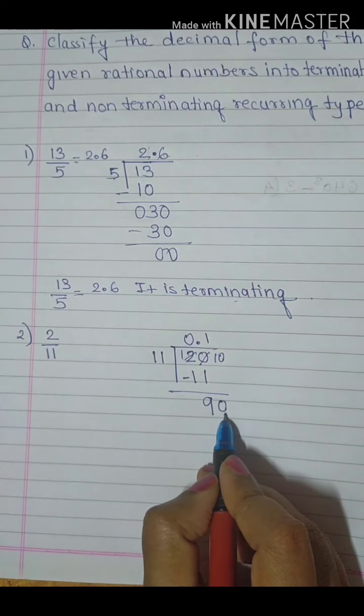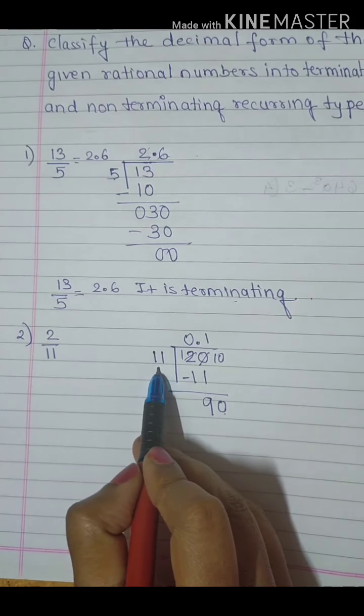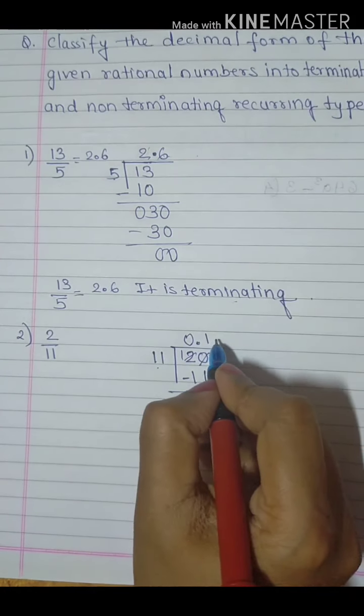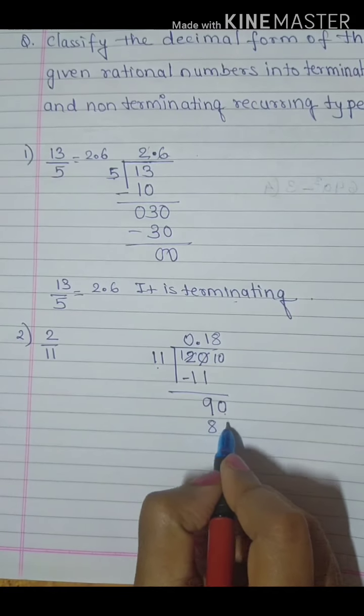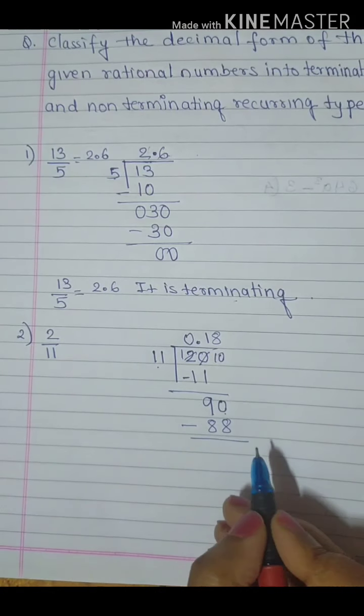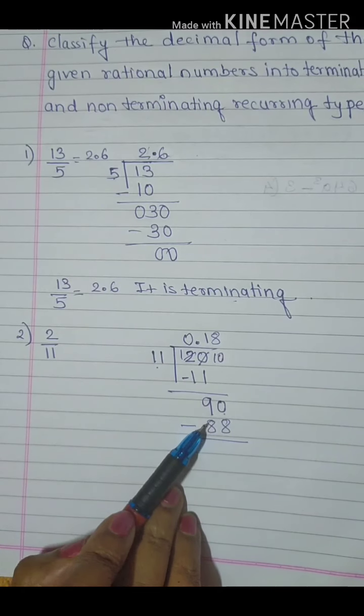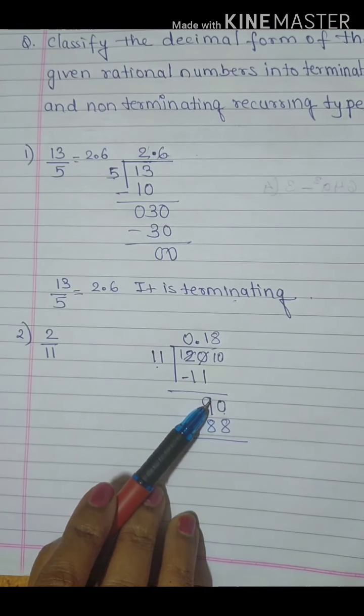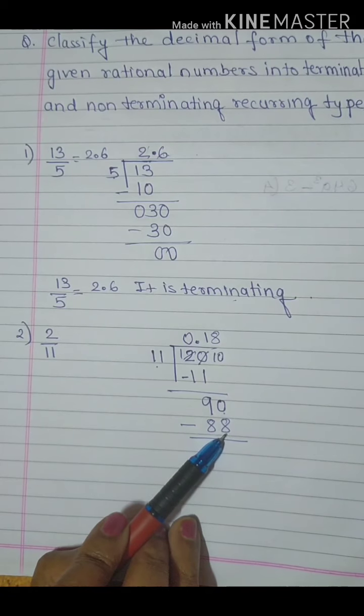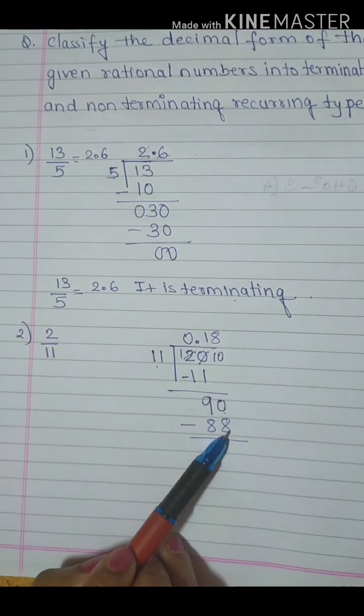So 90 is there. So 11 8s are 88. Okay, as you know that we have to take lesser number compared with the upper one. So I am taking 88. 11 8s are 88.